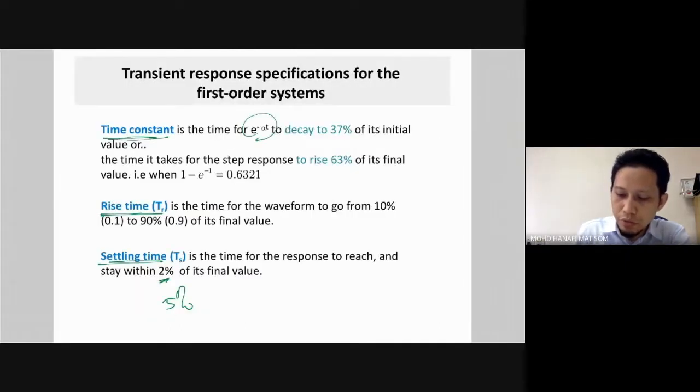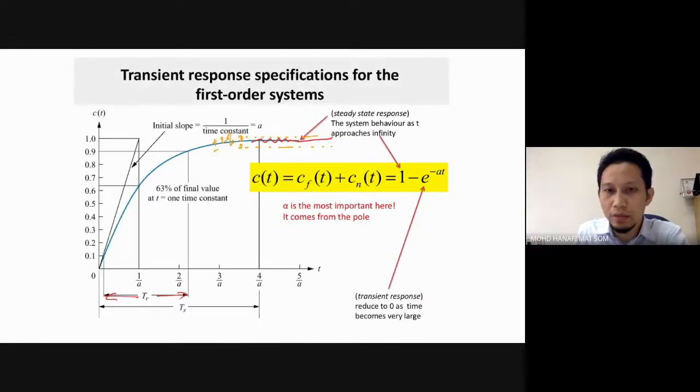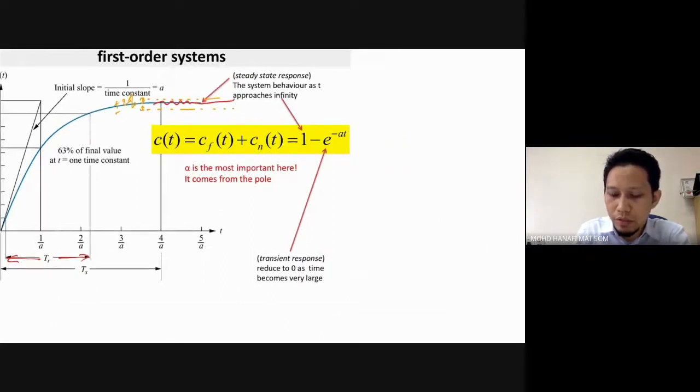When you see in the previous slide, we have the expression of output c(t) equals 1 minus exponential negative at. So the time constant is defined as the time taken for it to decrease to 37% of its initial value. When we want to find it, for example, our t is 1 over a.